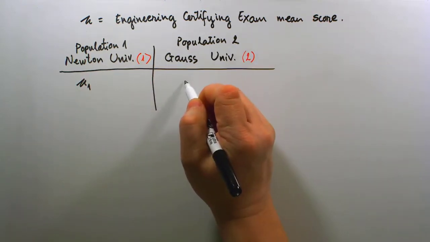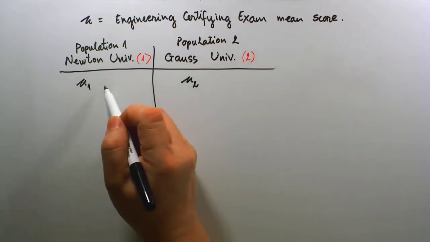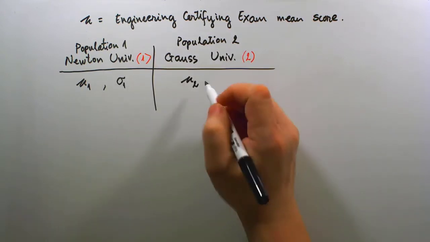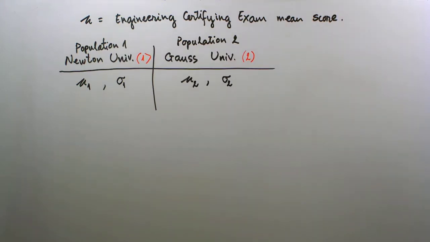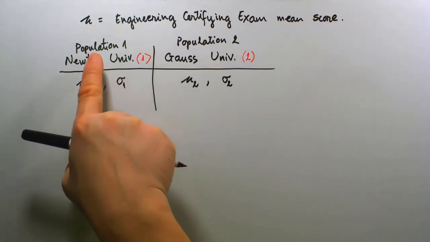Whereas that same mean, if found in population 2, we call mu2. And sigma for population 1 is labeled sigma 1, and sigma for population 2 is labeled sigma 2. So these are the population parameters for each of our populations here.